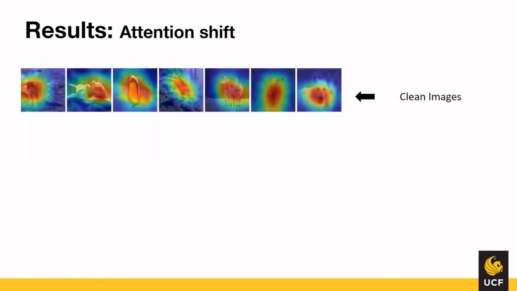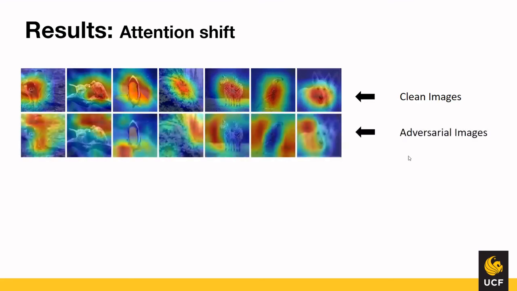The authors also include some visualizations of the attention shift, or feature shift, on clean images and also their perturbed images. The first row of data I've brought in here is clean images. As expected, the attention, or the features, are focused mainly around where the object is present in the image.